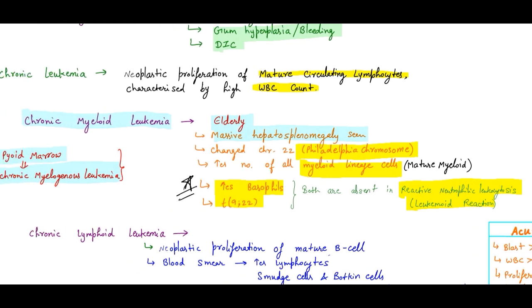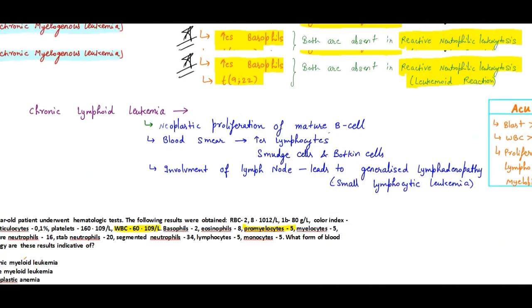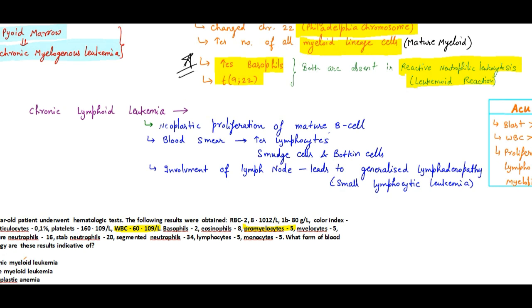Then there is chronic lymphoid leukemia. Which cell will be involved here? Mainly the proliferation of mature B cells, neoplastic proliferation of mature B cells. In the blood smear we see increased lymphocytes, smudge cells and Botkin cells.